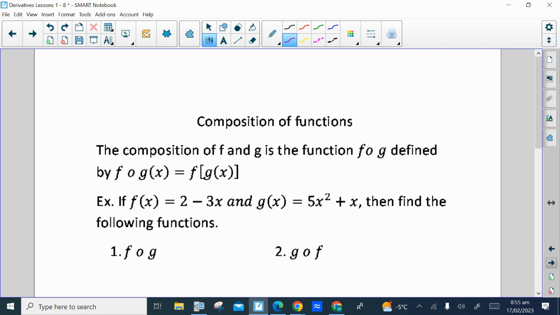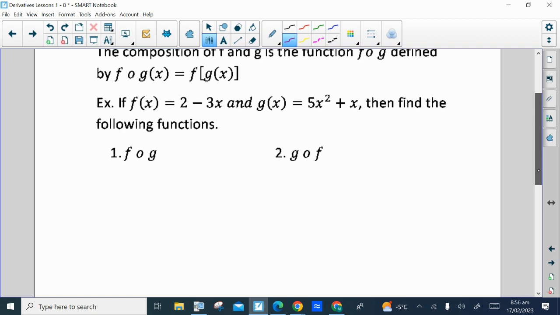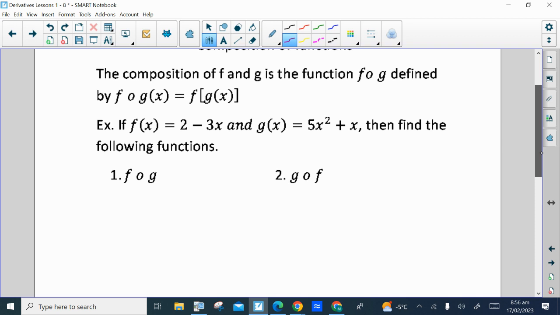Right, so you also learned about composition of functions. Before, this was something that you learned back in 10C. The composition of f and g can be written as f∘g, defined by f∘g at x or f at g at x.